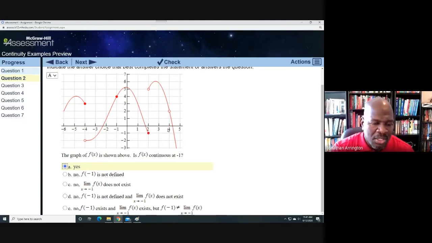The function is not continuous at 4 because you have a hole or removable discontinuity. So again, for it not to be continuous, you have to see a hole, you have to see a jump, or you have to see the function shooting to infinity or negative infinity. So that guy was continuous at x equals -1. Our next guy.